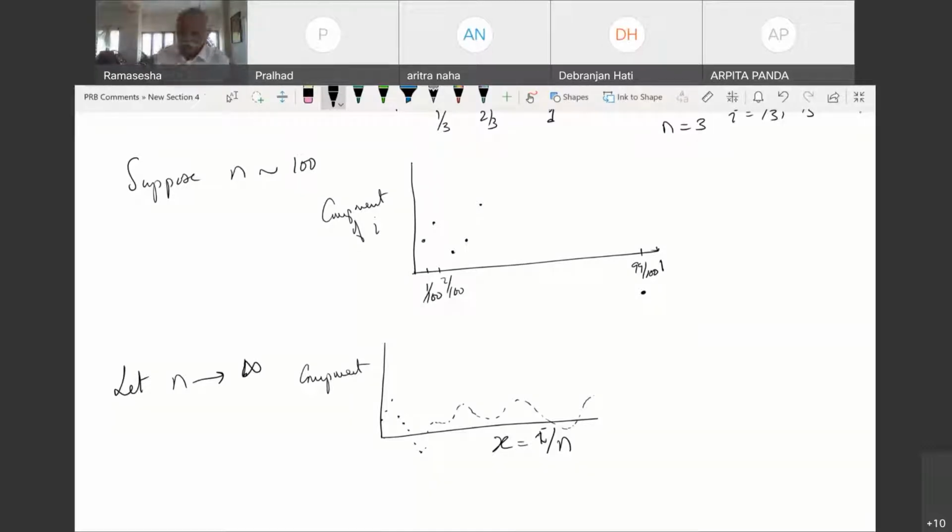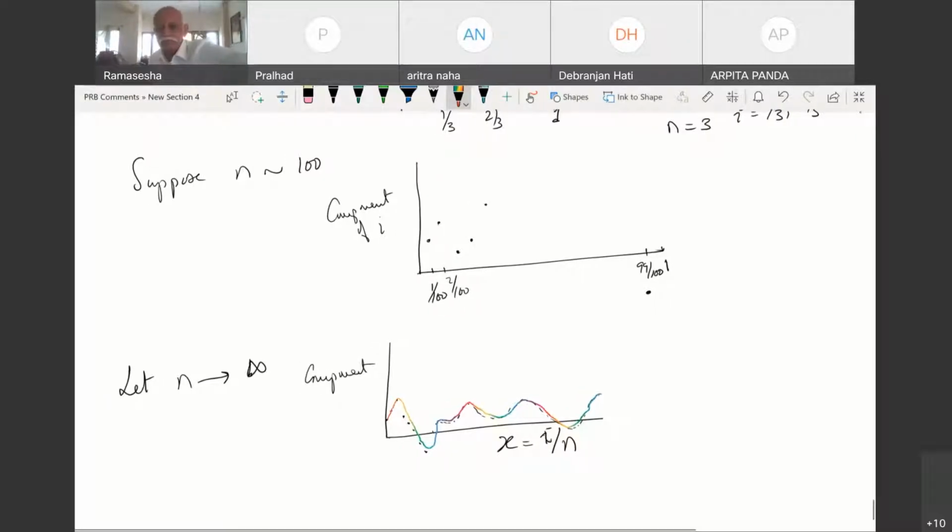So this very much looks like a function. I can actually write this as a function. It goes like this. So vectors in infinite dimensional space can actually be represented as functions, right?